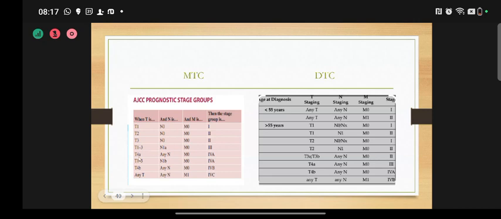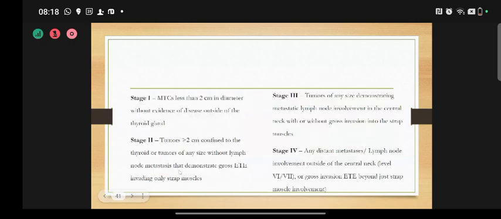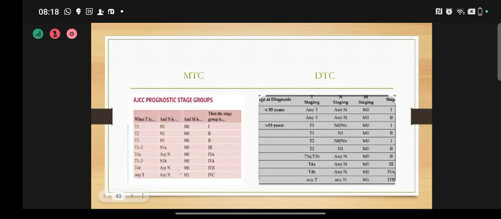Any gross extrathyroidal extension, irrespective of the nodal stage, is considered as stage 4A, as well as a tumor of any size with a lateral compartment lymph node. T4B with any nodal staging is considered as 4B, and metastasis is considered as stage 4C.